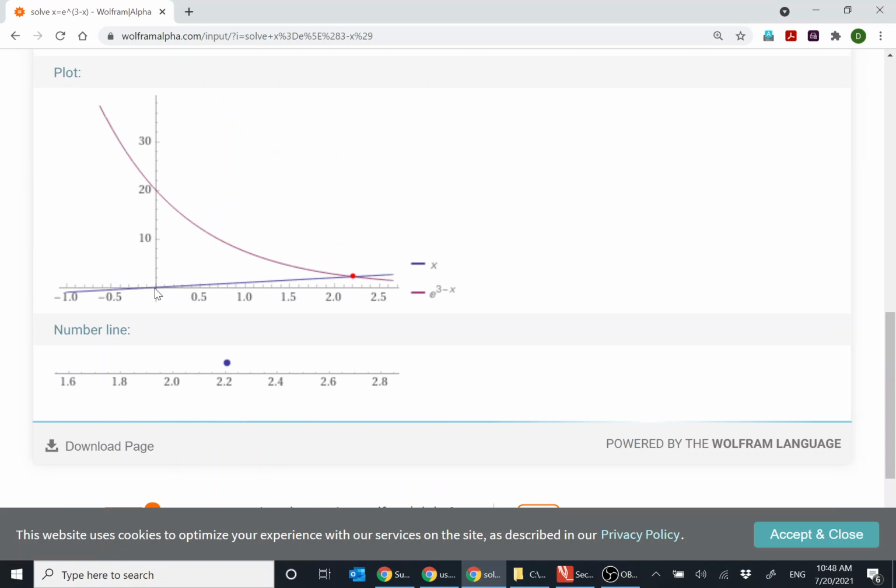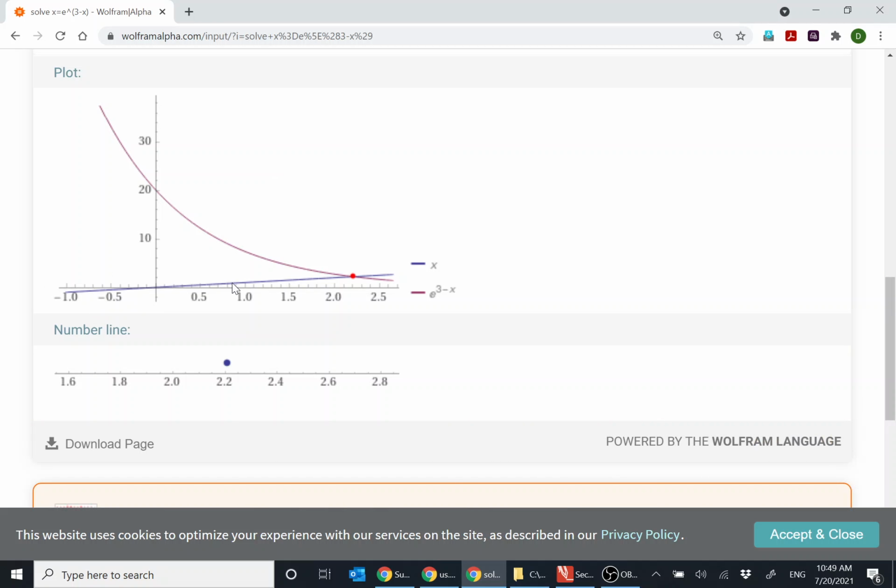So here's the line y equals x. Notice that the scale on the x-axis is different than the scale on the y-axis, and that's why the line is pretty flat there rather than 45 degrees. The blue line is the function y equals x. The purple one here is the function y equals e to the 3 minus x. And they meet somewhere, right there.